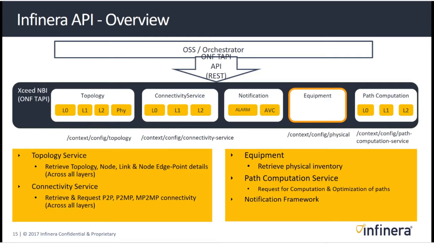And these interfaces cover topology, involving retrieval of topology of all layers, with the same interface providing API for layer 0, layer 1, layer 2 and physical topology; connectivity service, involving provisioning of unidirectional, bidirectional, and point to multi-point services; notifications for alarms and attribute change of the inventory; path computation to compute a path which could be layer 0, layer 1 or layer 2; and an extension to provide equipment inventory so that comprehensive network inventory is available on the same interface.